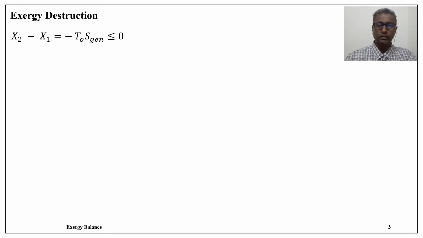Meaning, exergy change is always less than or equal to 0 for an isolated system. This can be written as exergy destroyed is equal to T naught S gen, which is always greater than or equal to 0.